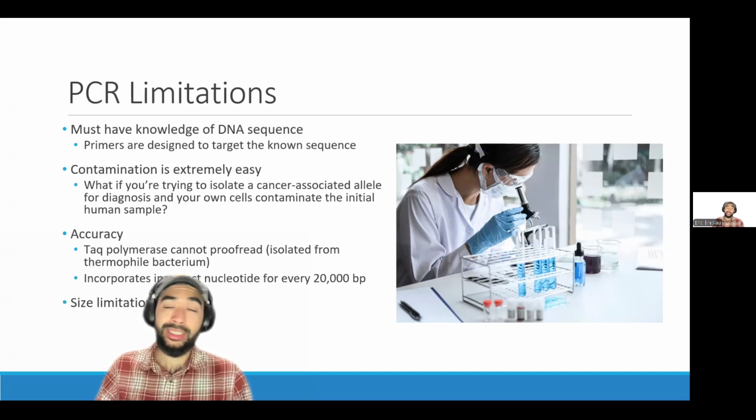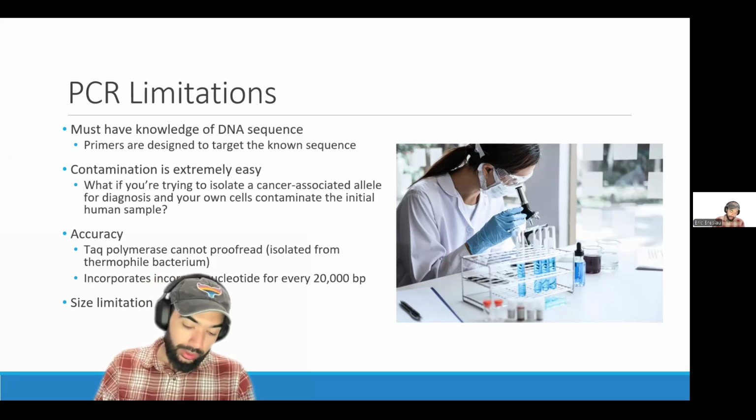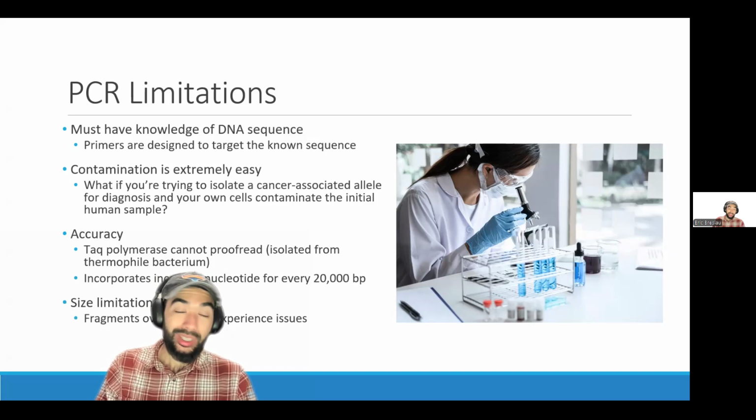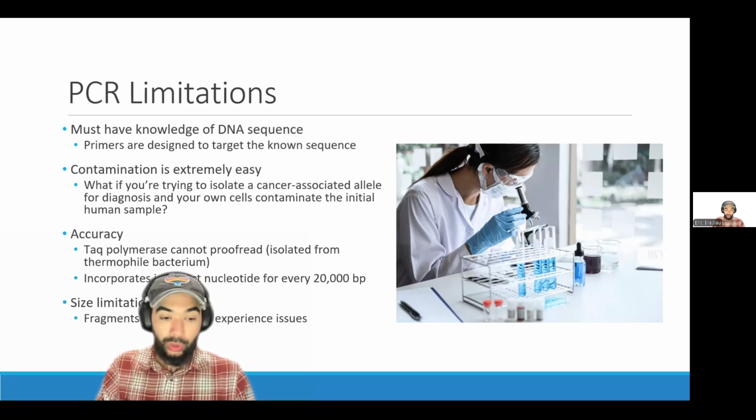And then, of course, size limitation. Genes or sequences of DNA that can be amplified with PCR, usually there's a limit of around 2,000 to 5,000 base pairs. Anything past that, with normal PCR, there are issues, and it's usually not feasible.